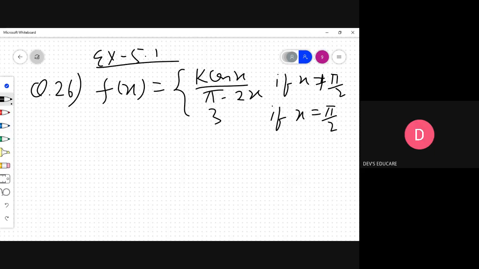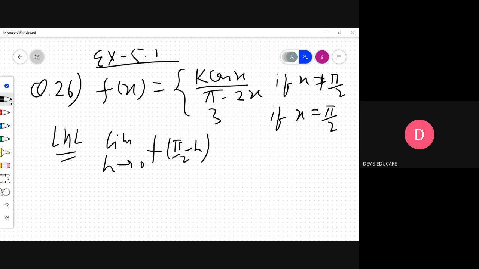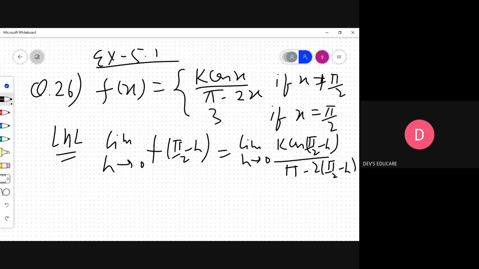So this is given that the function is continuous and you need to find the value of k, right? Yes, sir. LHL, for LHL we have limit h tends to 0 f(pi by 2 minus h), right? So this will be limit h tends to 0 k cos(pi by 2 minus h) upon pi minus 2(pi by 2 minus h). k is constant, that should be taken outside.